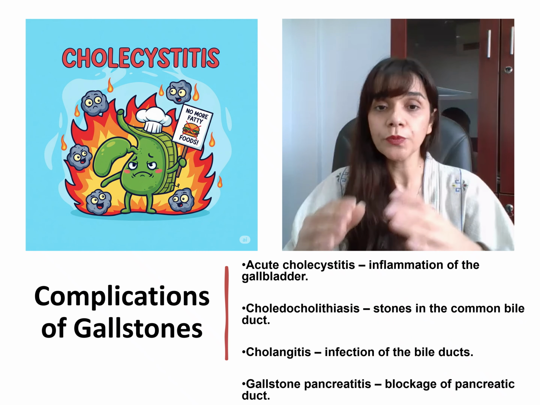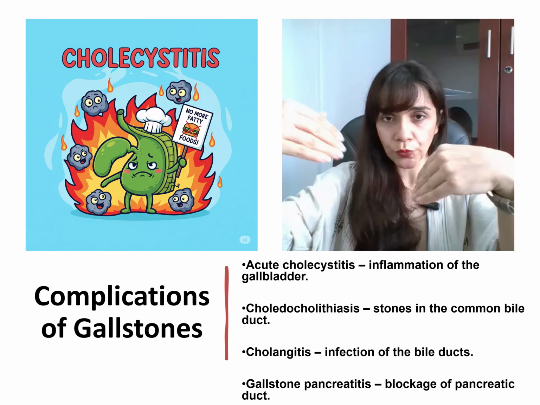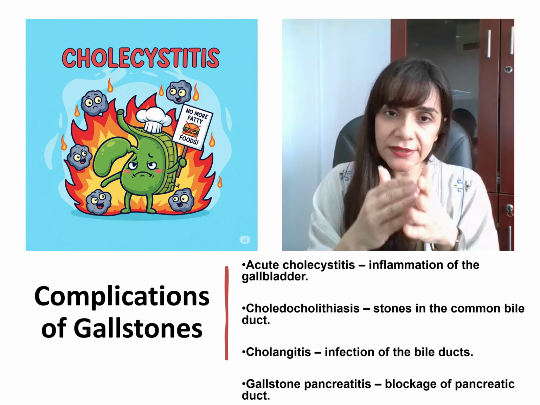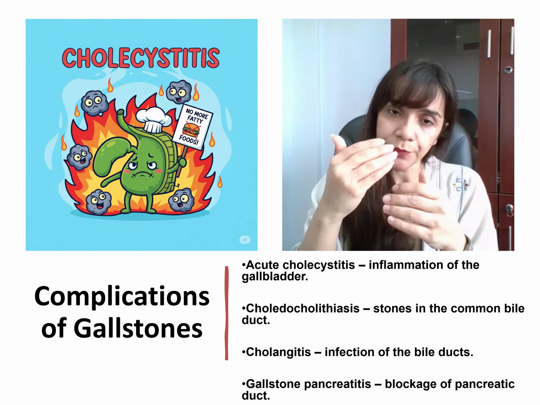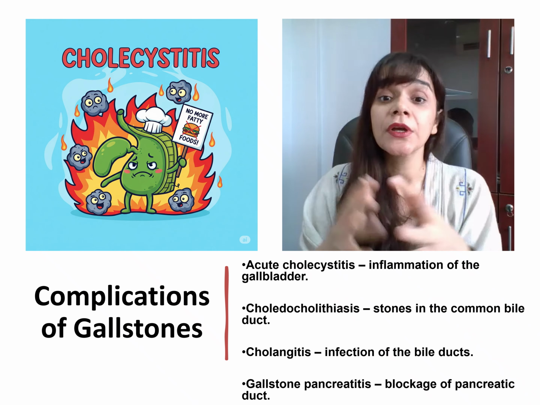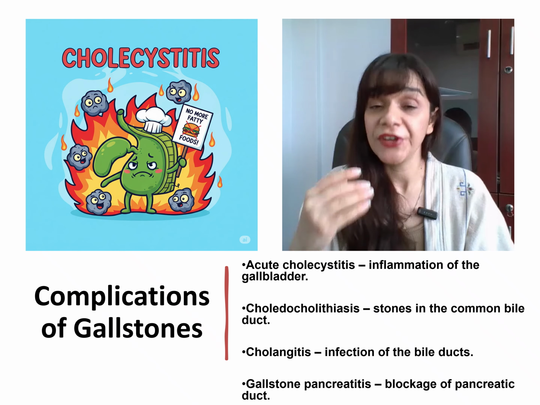Stones can also block the pancreatic duct, because the biliary duct and the pancreatic duct join together at the end. This can trigger gallstone pancreatitis, which can be very severe too.